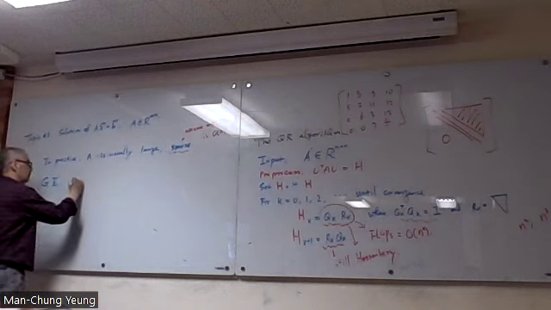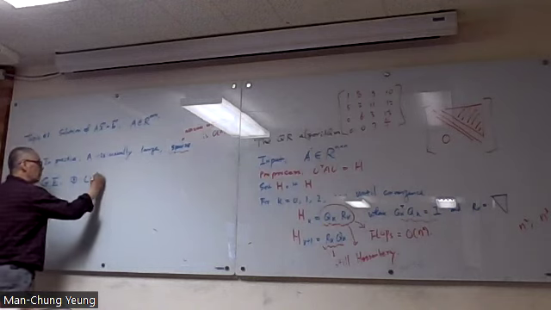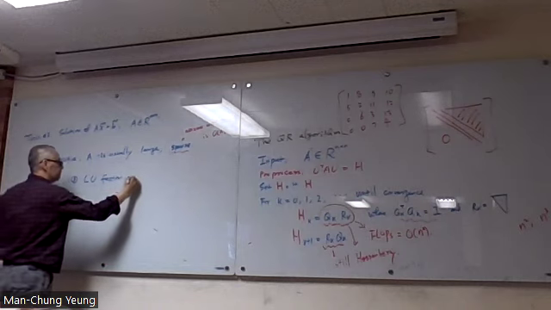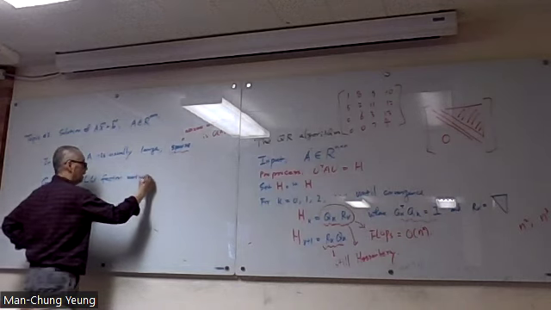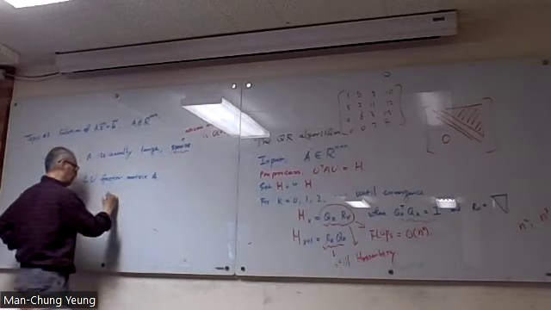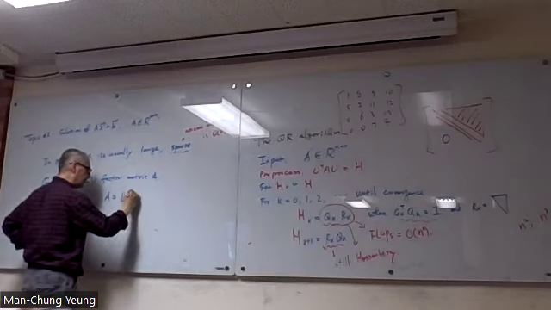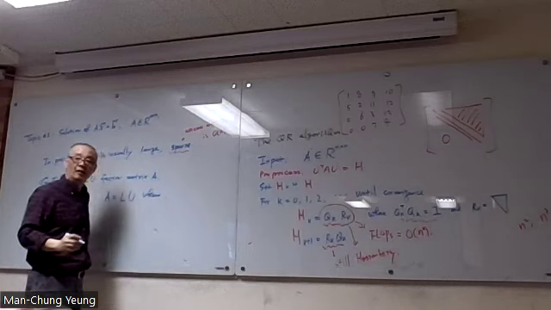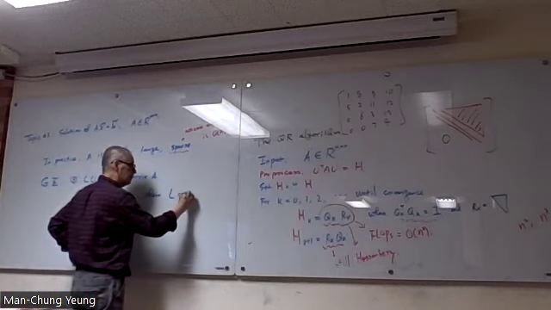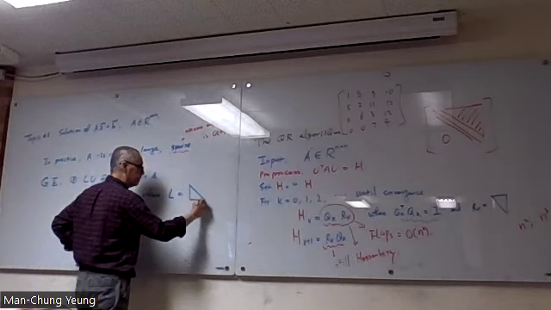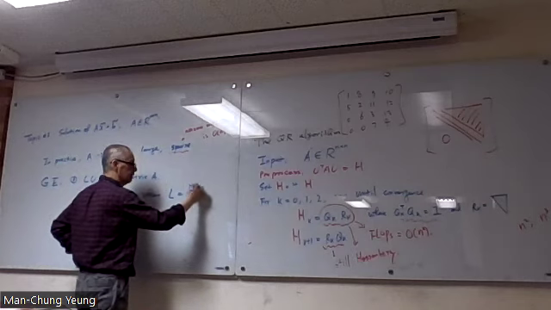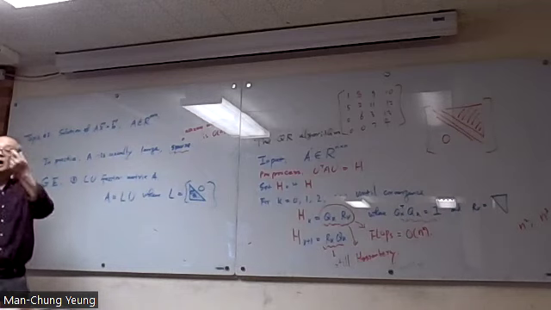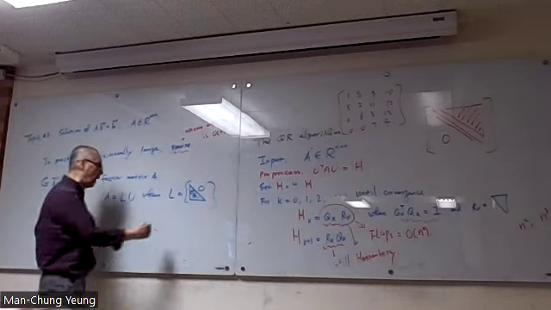Step one: compute the LU factorization of matrix A, where L is a lower triangular matrix and U is an upper triangular matrix.